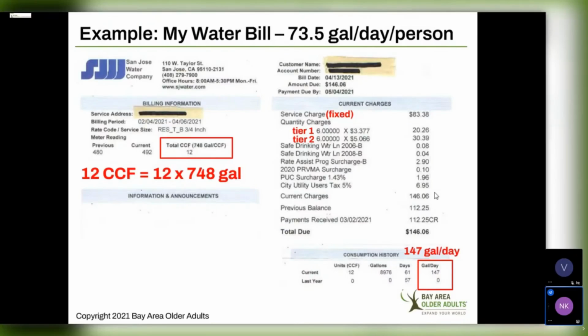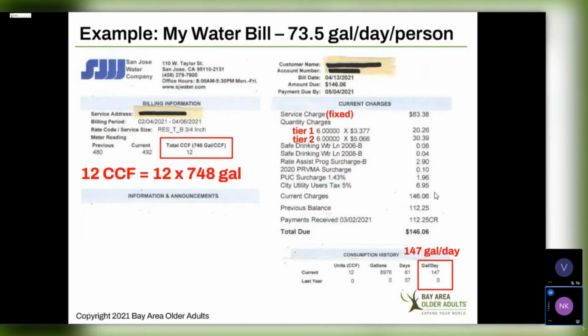The pricing structure for water varies from one city to another and depends on your water company's service provider. And you see that on the right of this slide. In San Jose, we have a fixed charge, and then we have an increasing two-tiered charge based on how much water is used.